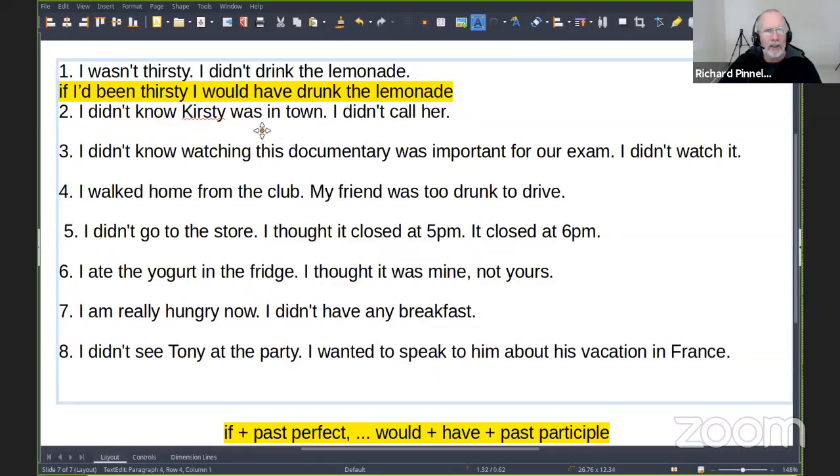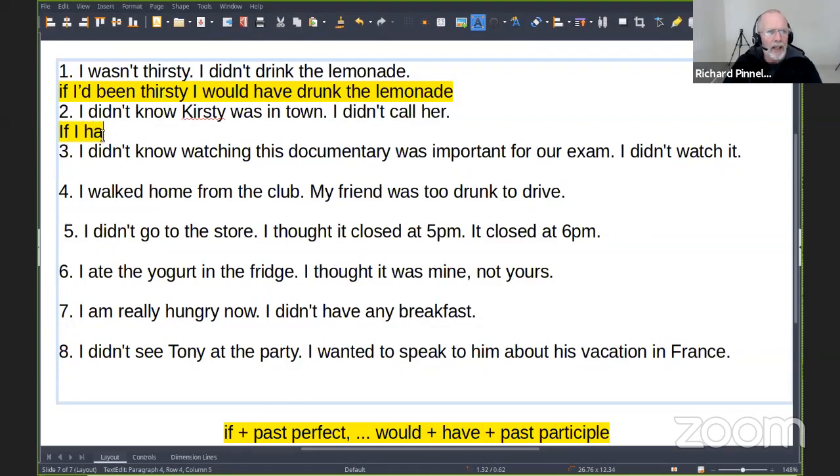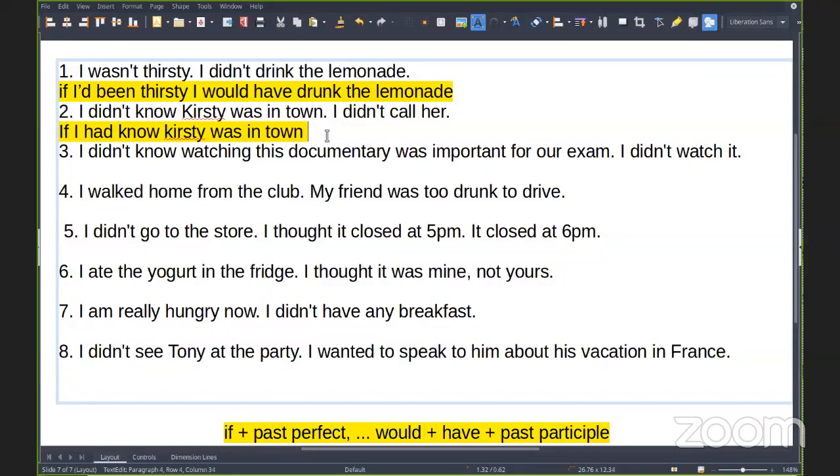What about number 2? I didn't know Kirsty was in town. I didn't call her. If I had known Kirsty was in town, I would have called her.